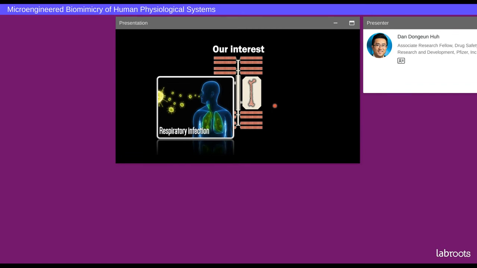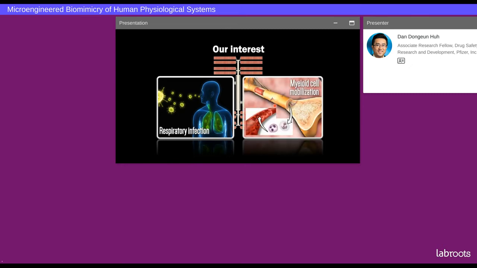So in this project, we're creating a model of respiratory infection, which accounts for more than 30% of all infections that occur in astronauts. And we're also developing a human bone marrow on a chip to model the entire process of immune cell recruitment from the marrow to the infected organ.